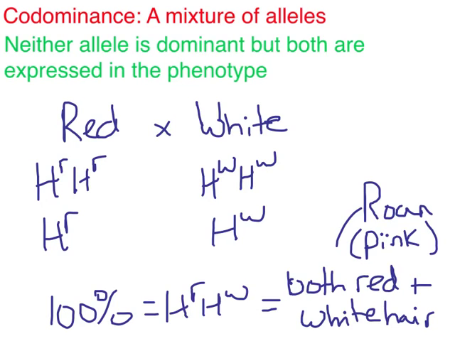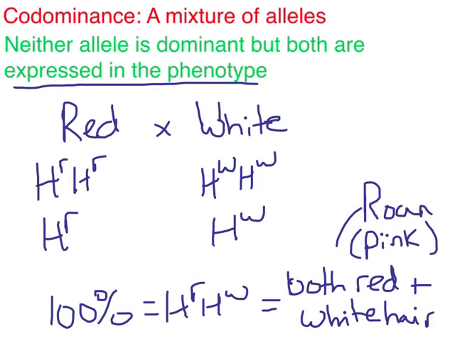Okay, so just to drive this home, this is different from incomplete dominance in the sense that both alleles are expressed. Both alleles are expressed in the phenotype. In the other one, you got pink flowers from a red and a white flower.